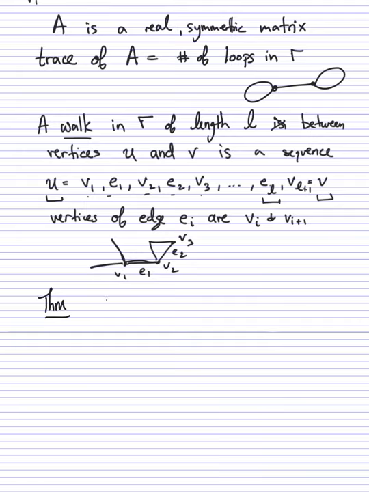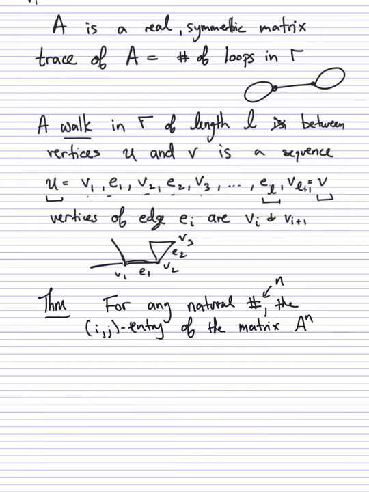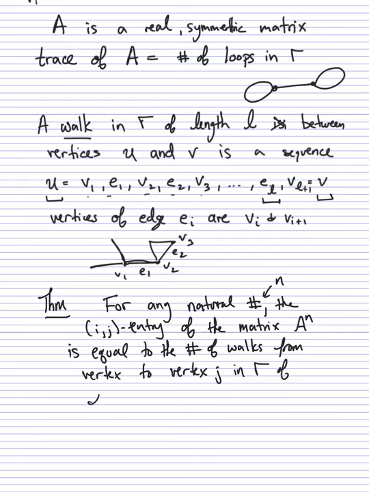For any natural number n, the ijth entry of the matrix A to the n, the n-fold product, is equal to the number of walks from vertex i to vertex j in the graph of length exactly n.